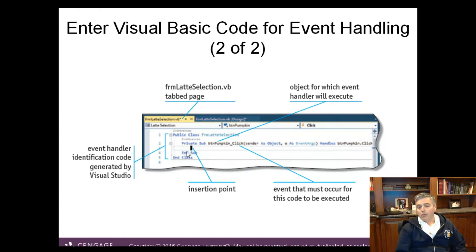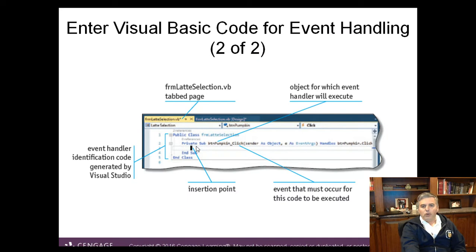As your programs get more complicated, you're going to have multiple subs for different buttons or different things that you're doing within your program. You just want to make sure when you're entering code that applies to the proper button. Okay, so you would enter your code for the button click between the sub and the end sub.